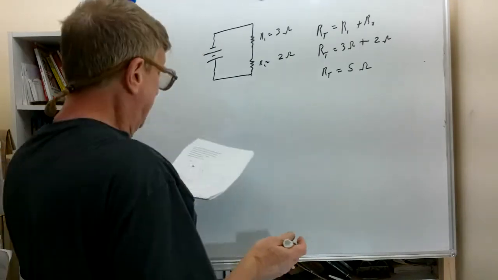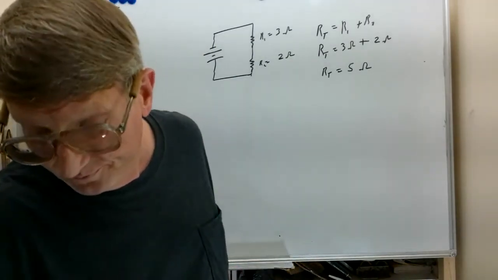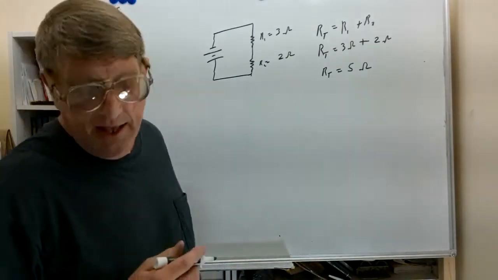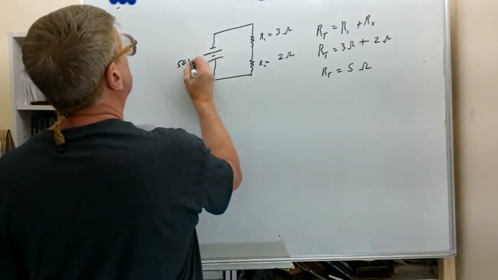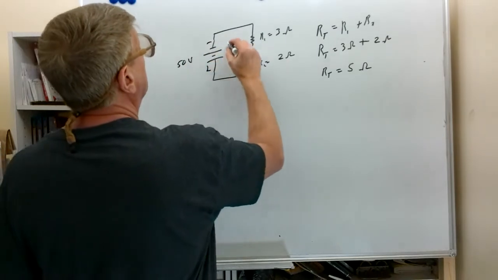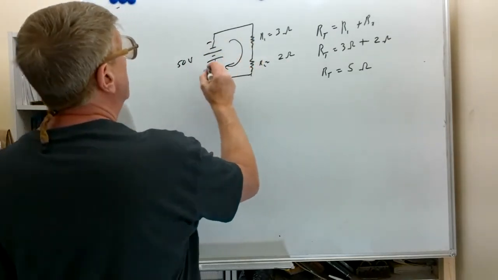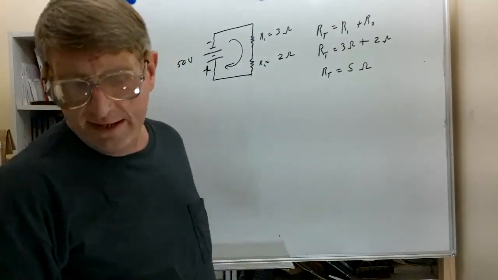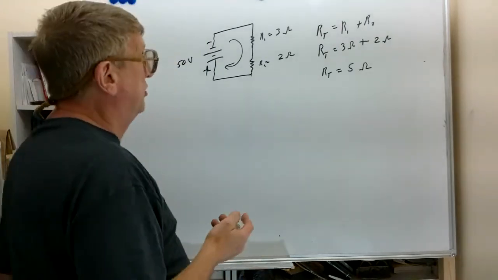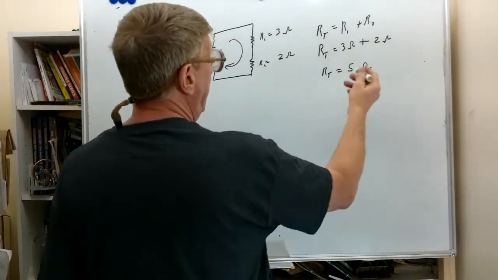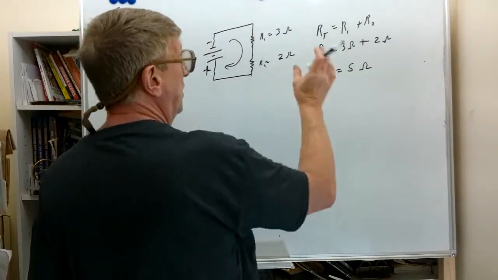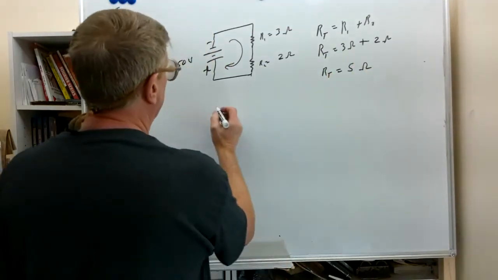Now, if we had 50 volts here, we've got some current here, so we would like to figure out what the current through this loop would be. Well, we come up with a total of 5 ohms. These 2 resistors here are equivalent to a single 5 ohm resistor.